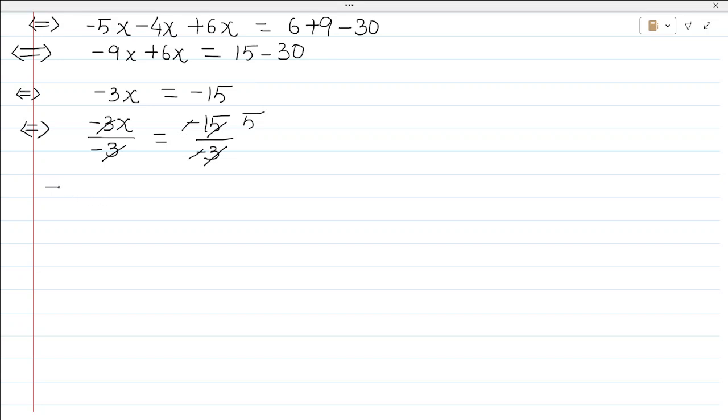So we are left with x is equal to 5. So this is the answer for this question. This is the solution. This is the value of variable x. Understood? Okay.